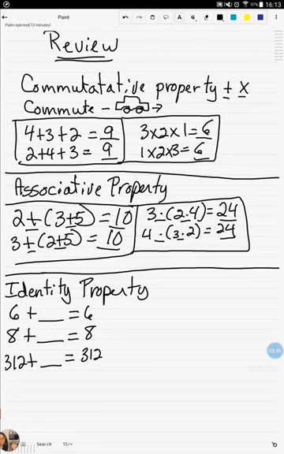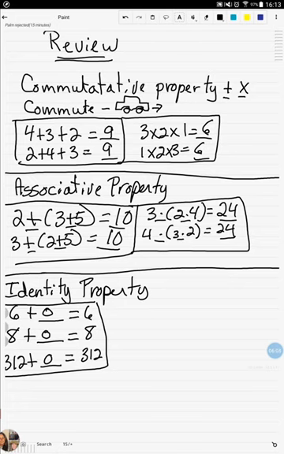They keep their identity, and when it's an addition, the answer is always the same. 6 plus 0 equals 6. 8 plus 0 equals 8. 312 plus 0 equals 312. That's the identity property. The number keeps its identity.